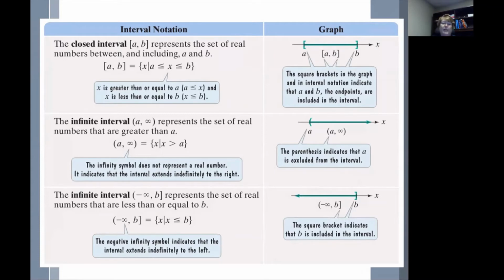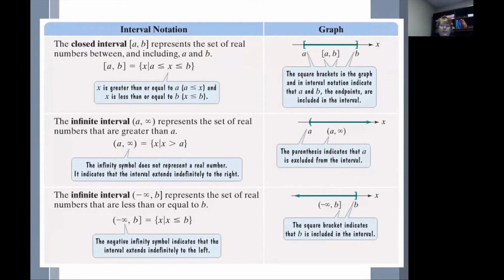All right, so we have negative infinity, comma, B with a bracket on the B. That is the set of all x such that x is less than or equal to B. Since we start at negative infinity and we end at B, that means that's all the numbers to the left of B on the number line. So to graph this, we would put a bracket at B and draw a line to the left with an arrow on it.